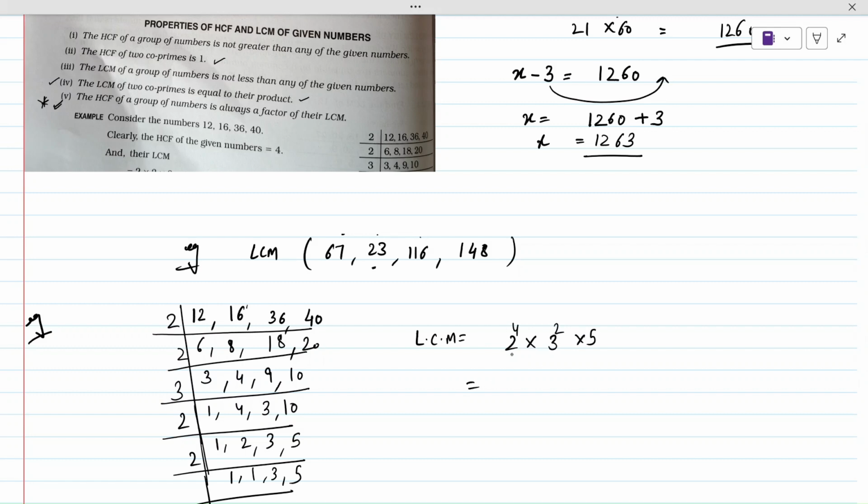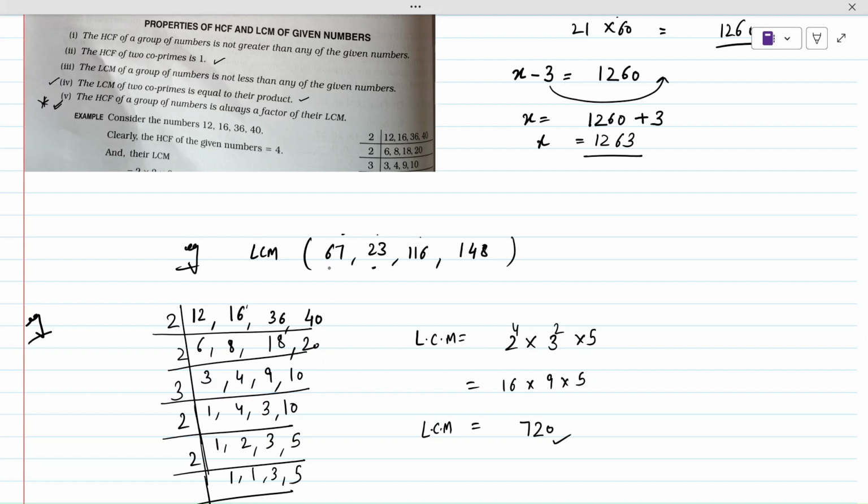So this is 16, this is 9, this is 5. If we take out their product, it is 720, which is nothing but the LCM.